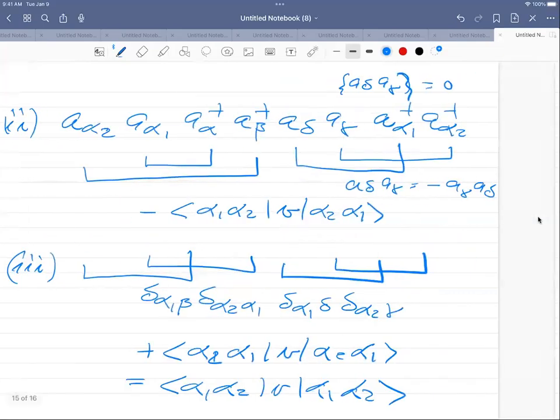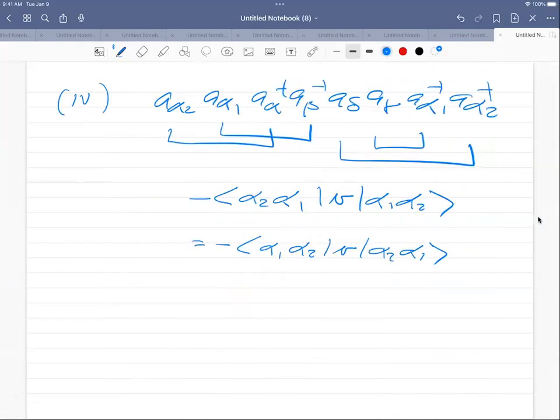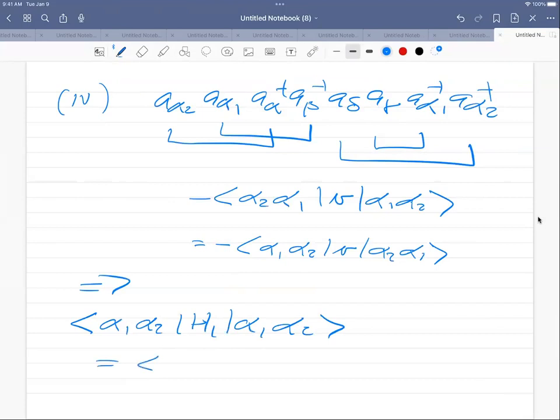And that means that when we now collect everything, the expectation value for this specific operator, alpha 1 alpha 2, is what we had before, simply given by the integral of alpha 1 alpha 2 of V alpha 1 alpha 2, minus alpha 2 alpha 1 of V alpha 1 alpha 2.